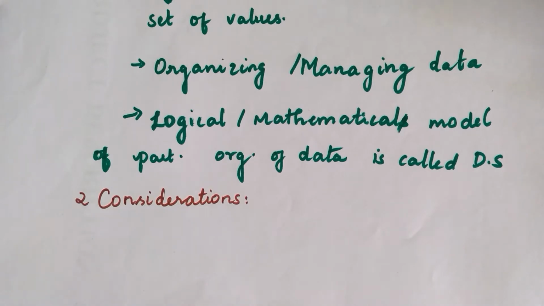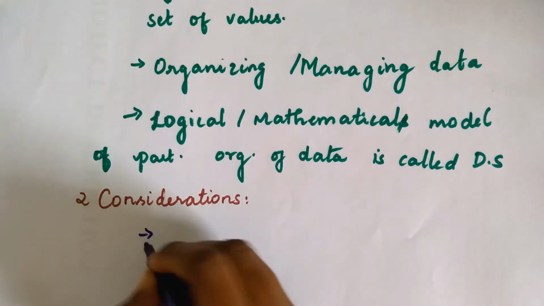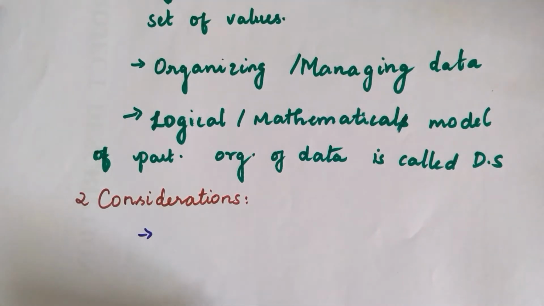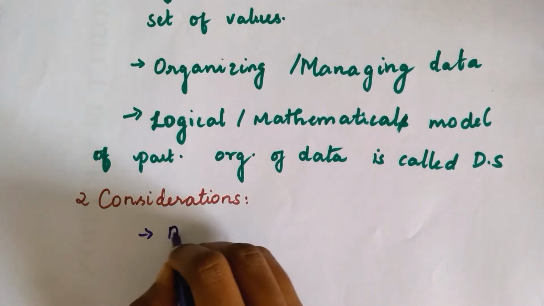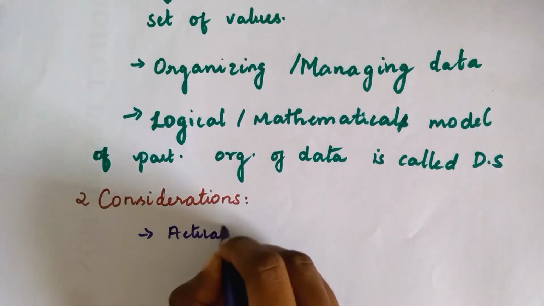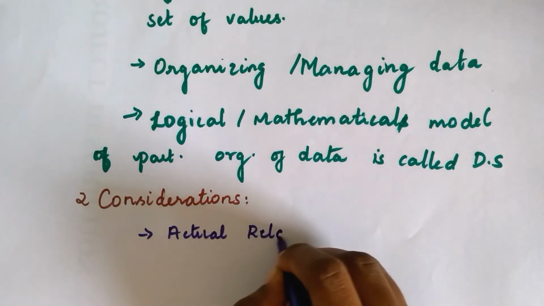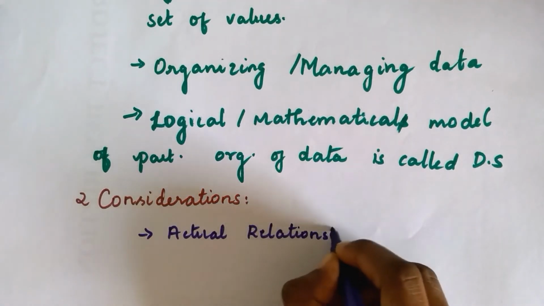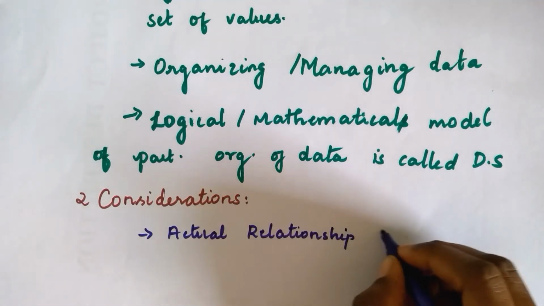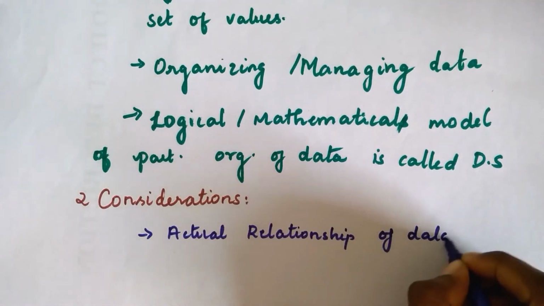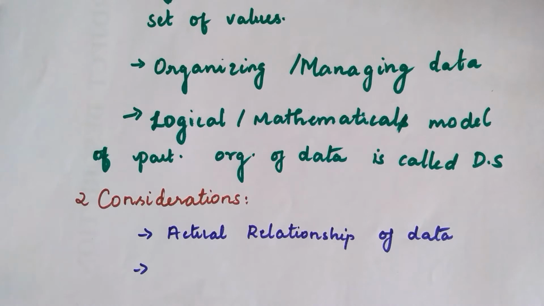What are those two considerations? The first consideration is the structure. The structure should have the actual relationship between the data. So the relationship between the data must be preserved.